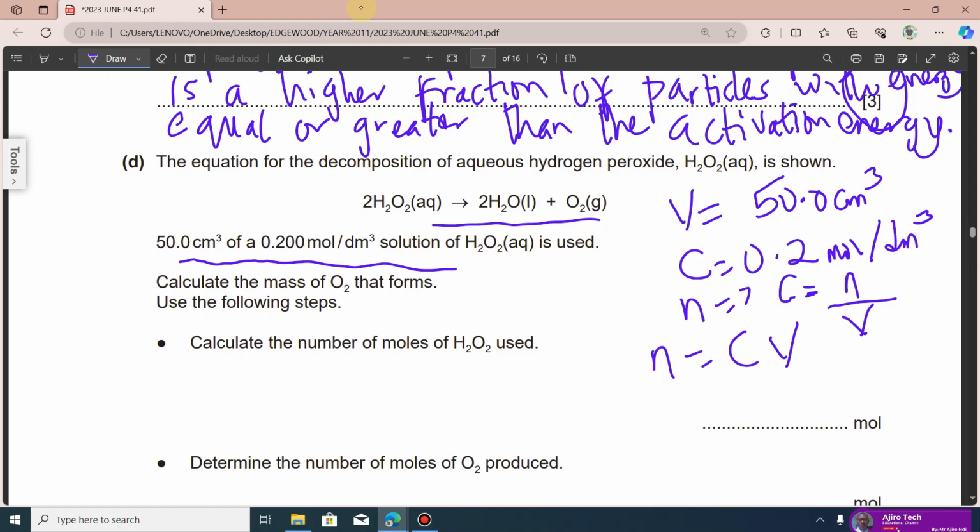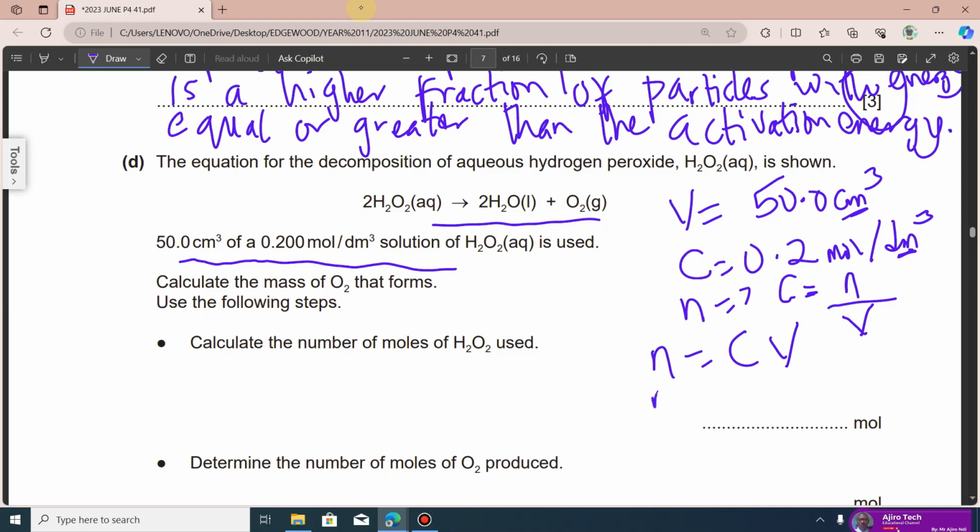This is the formula. So, making the number of moles the subject, n becomes C times V, concentration times volume. But you equally need to be careful because the concentration is in dm cube, but the volume is in cm cube. So we have to unify the unit. Let's convert the volume to dm cube. Remember that 1000 cm cube makes up 1 dm cube. So if we want to convert that, we're going to have 50 divided by 1000, which gives us 0.05.